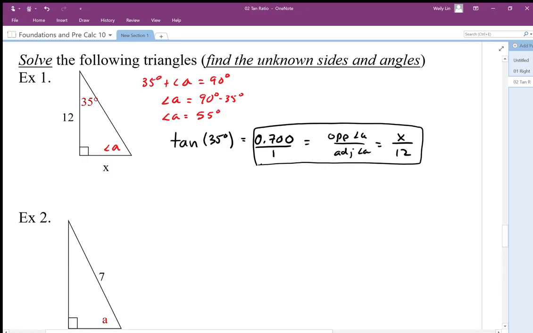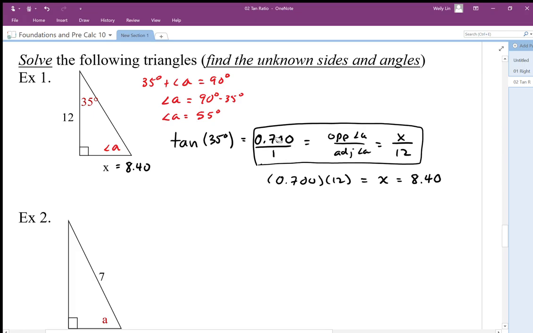So if I cross multiply, I get 0.700 times 12 divided by 1 is equal to x. Then I do that calculation, and I get the length of x is 8.402, so I'm just going to round that to 8.40. So this length here is 8.40.